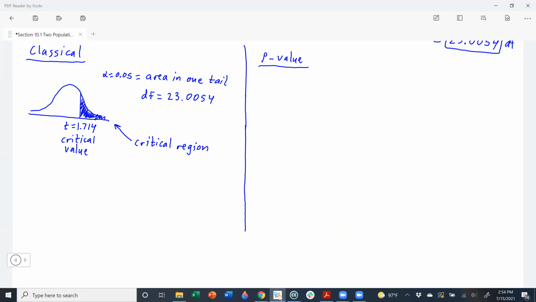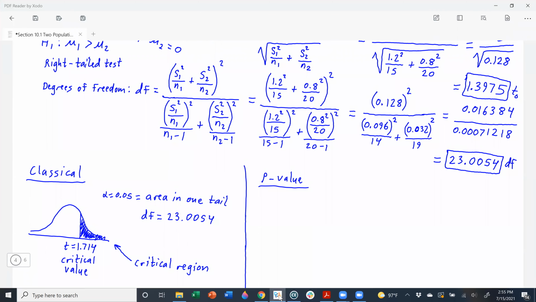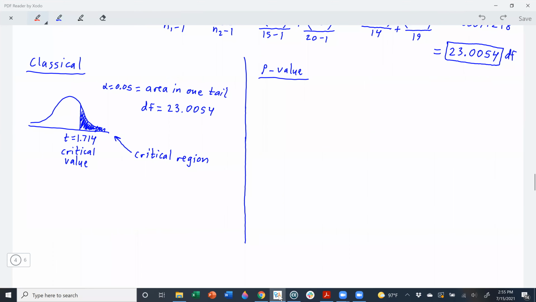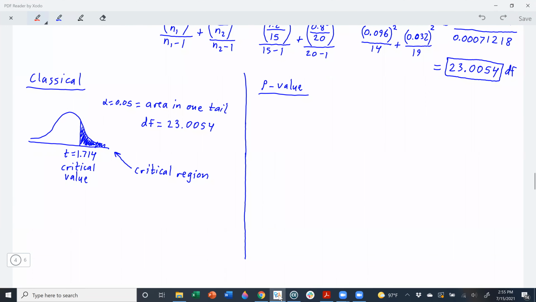Okay, and now if you recall, we just want to see where does the test statistic lie. And so that test statistic that we had was 1.3975. Okay, so I'll do that same thing that I did. Well, I'll use a different color here. So for the red right here, 1.39 compared to 1.7, 1.7 is bigger. So the test statistic, I'll just put a little dot right here.